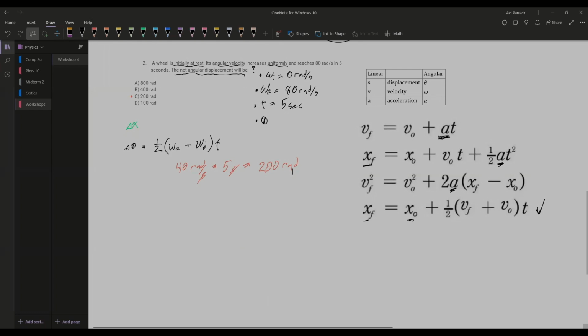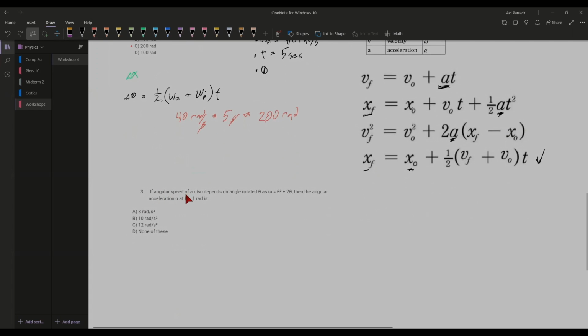Let's take a look at the next one. Okay. If the angular speed of a disk depends on angle rotated, theta, as the angular velocity is equal to the angular displacement squared plus 2 times the angular displacement, then the angular acceleration at theta equal to 1 radian is what?